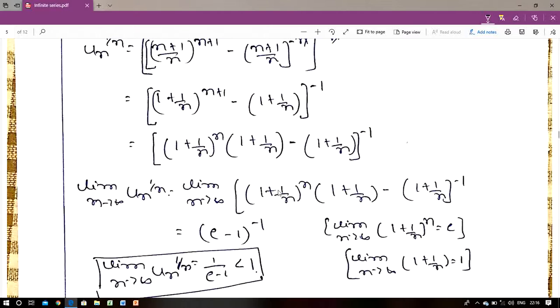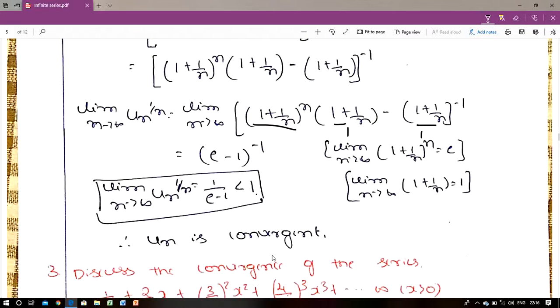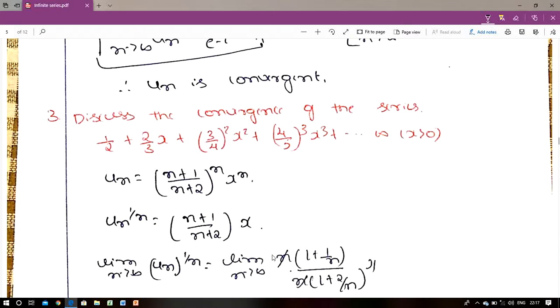This whole term becomes e, and this value becomes 1 because 1 by infinity is 0, 1 plus 0 is 1, and this value is also 1. Therefore e minus 1, that is 1 by e minus 1, and this value is less than 1. So therefore un is convergent.